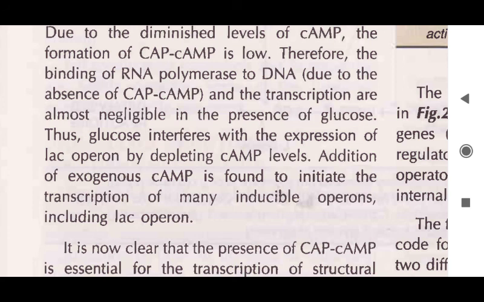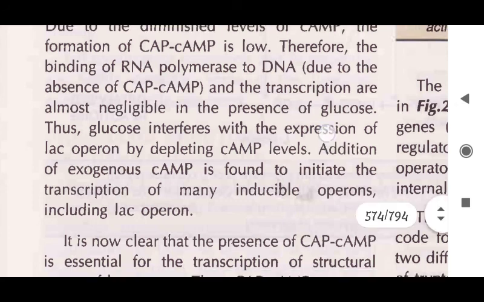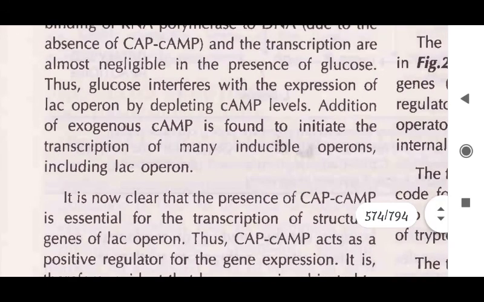Addition of exogenous cyclic AMP is found to initiate the transcription of many inducible operons, including the lac operon. So here you can see that you can increase the cyclic AMP exogenously, by inserting cyclic AMP from outside, to initiate transcription of the lac operon genes again.